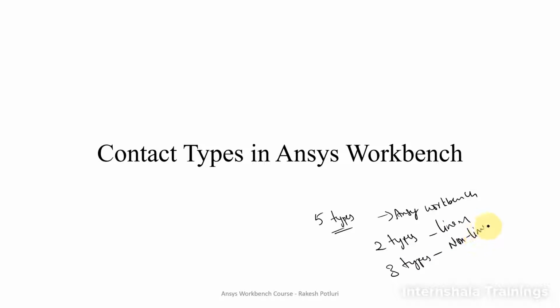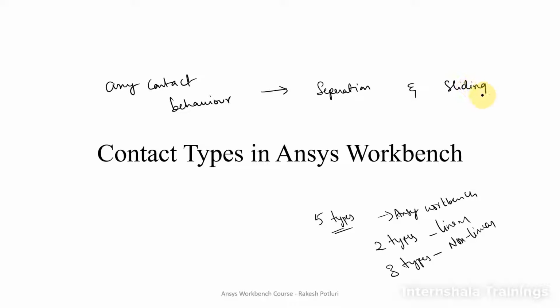We will see all these 5 types, and remember one thing, any contact behavior can be determined by 2 characteristics, separation and sliding characteristic. So based on the motion that is possible in these 2 ways, you divide the contacts into different types.